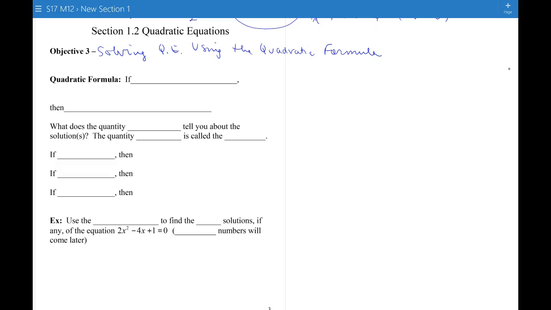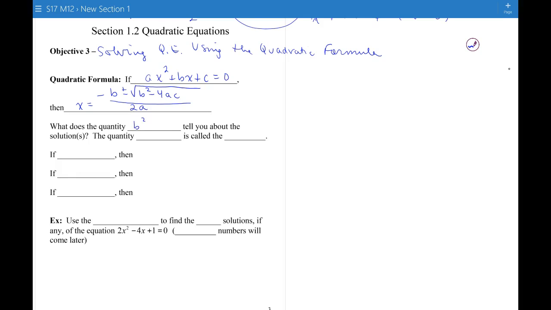And if you don't have the if part, you don't get the then part. So if ax squared plus bx plus c equals 0, then x equals the opposite of b, plus or minus the square root of b squared minus 4ac, all over 2a.